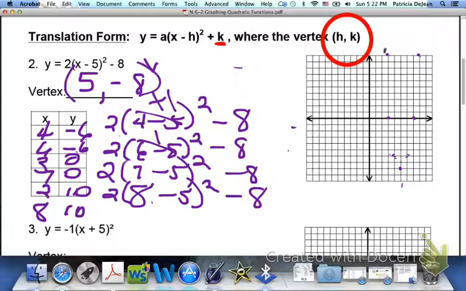Now you notice that for a few points this parabola is much taller and steeper than our parent function. That's because of this 2 right in front. This 2 is what makes it taller and steeper. It's a horizontal compression or a vertical stretch, and you may have seen those on your benchmark that you just took.